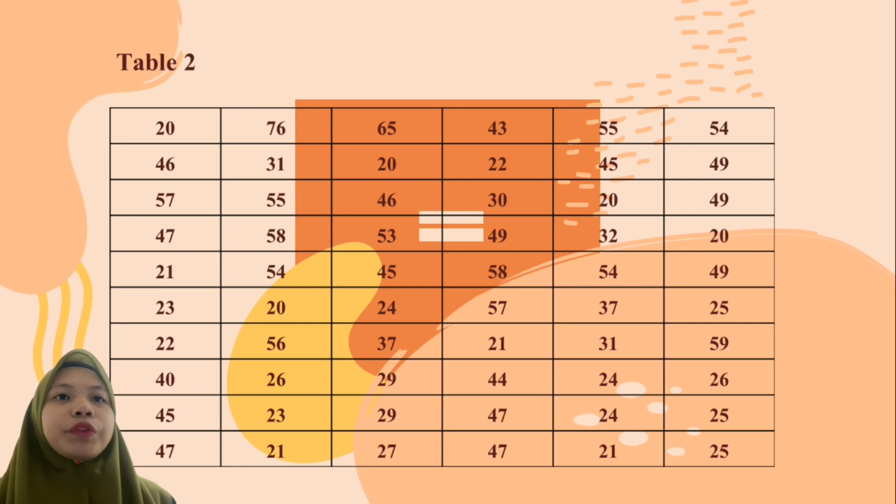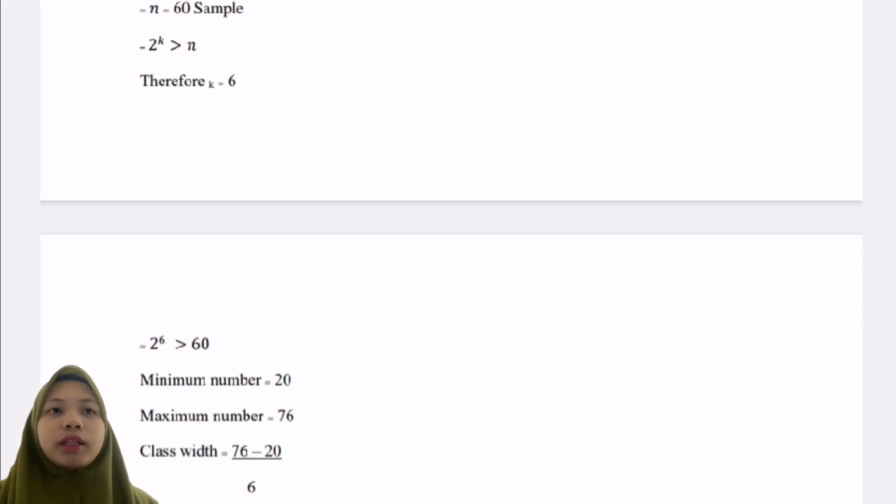Okay, so for the second data, our group has taken as many as 60 data from the appendix. This is the 60 data. And then we use the formula that has been given to find cross classes and others for the data like at data 1.